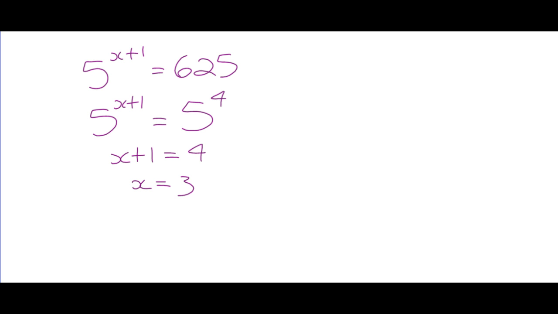You could check by going 5 to the 4th, but hopefully you don't need to, because you already know 5 to the 4th since you just finished doing that. So for this one, since 625 is a power of 5, there's not as much checking required. Like when you take a power of 4 and 128 and express them both as powers of 2, you want to do a little more checking there.